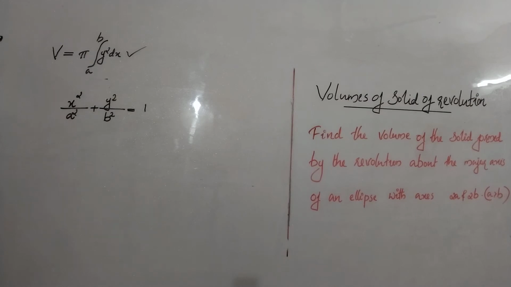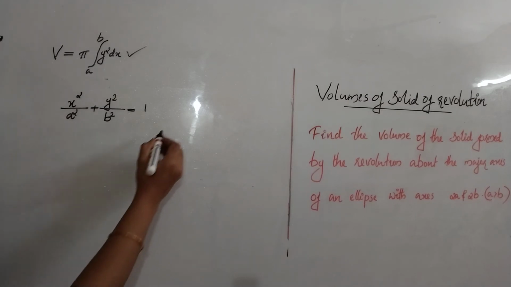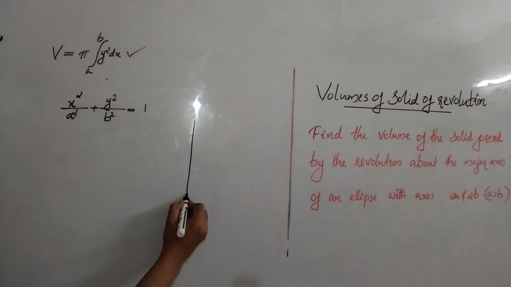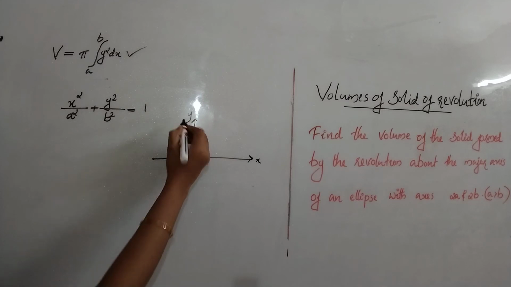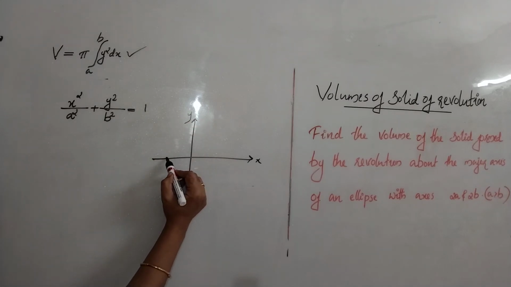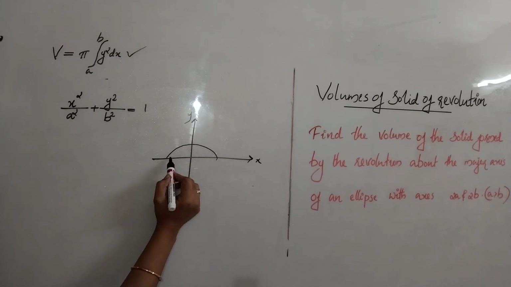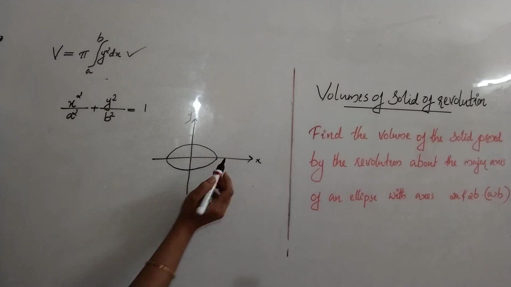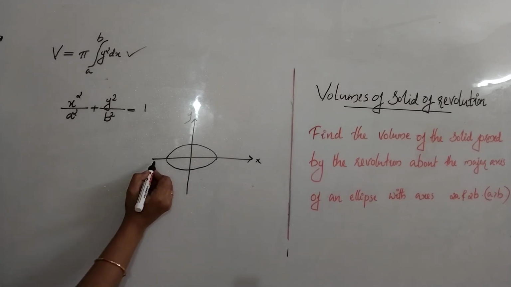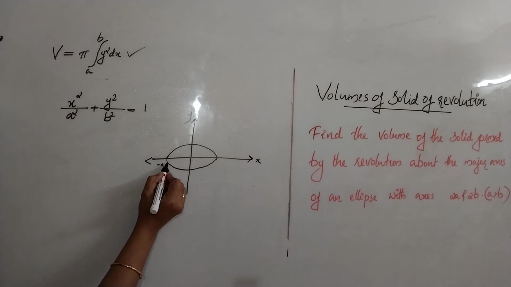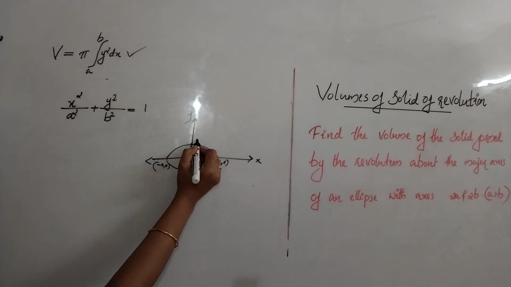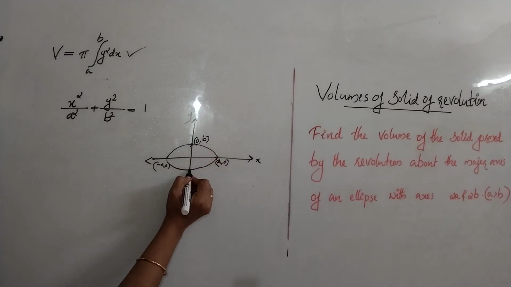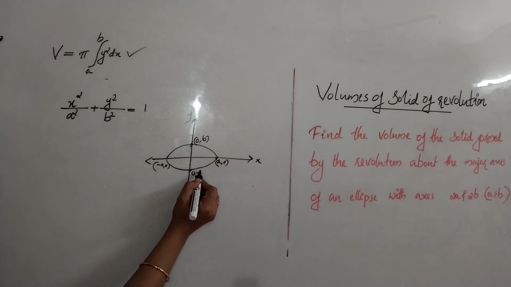And a greater than b means the major axis is the x-axis. Here it is minus a, 0; here a, 0; this is 0, b; and this point is 0, minus b.